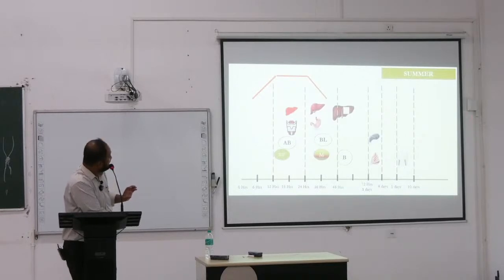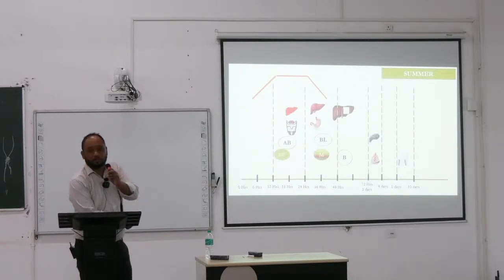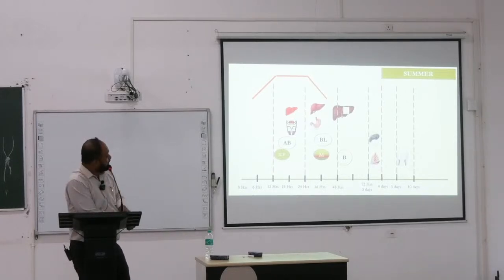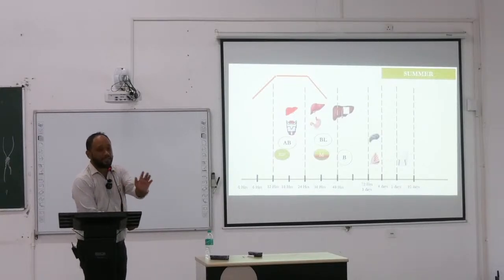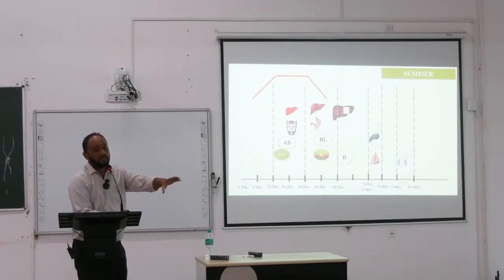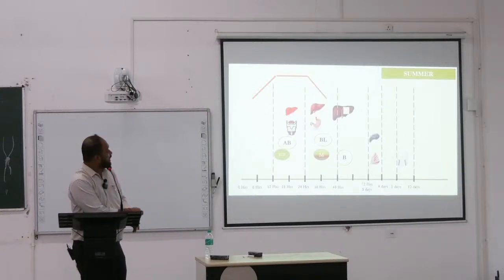So you can get a rough idea, and this can help you find time since death up to 5 days onward, meaning up to 5 days. After 5 days it will be difficult to find, because the body will already be in a colliquative putrefaction state. So this is in summer.